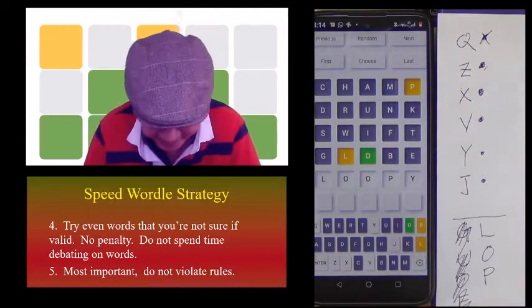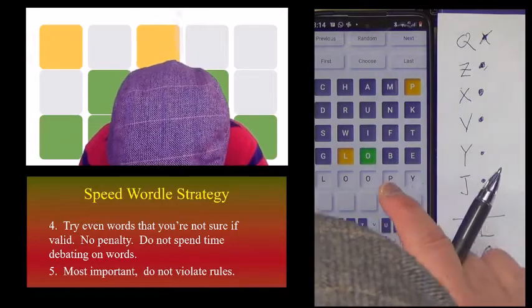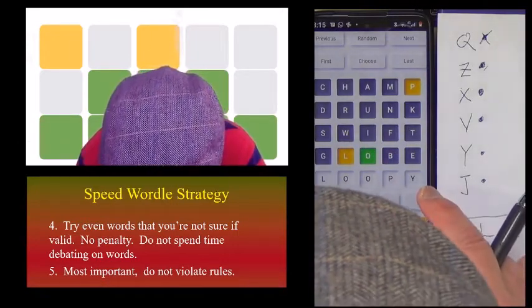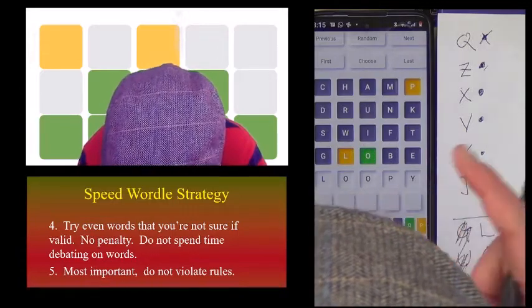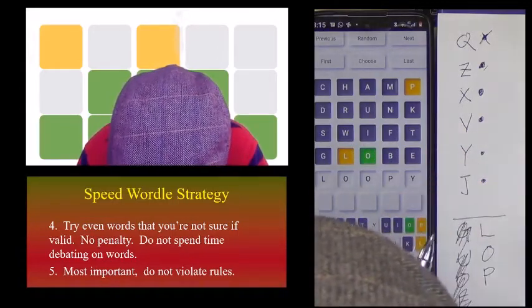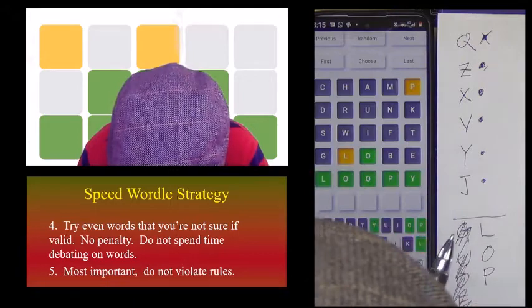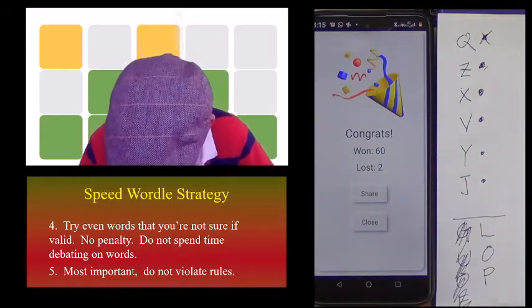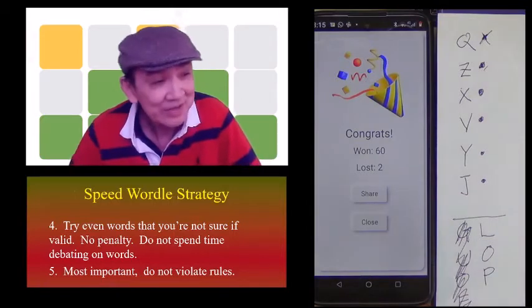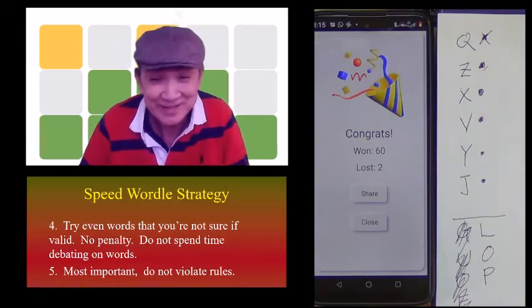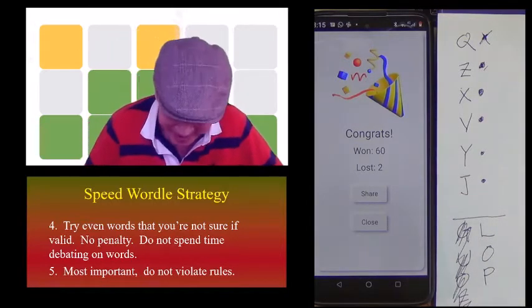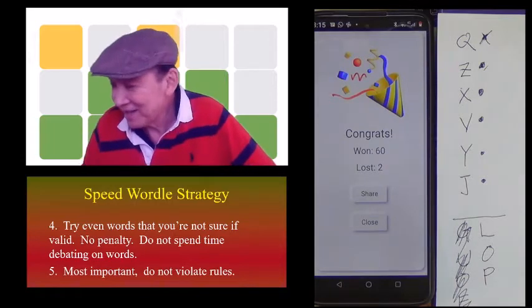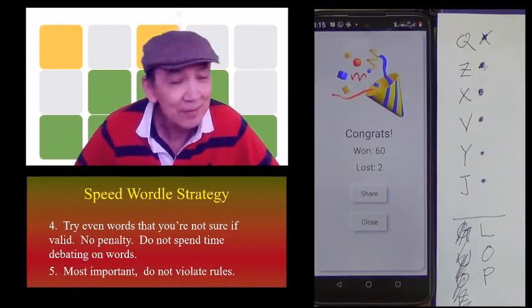I don't even know if that's a word, but it doesn't violate any rules, so I could try that. And okay, well, right away. So I was going to try other ones, poly, but anyway, I don't even know what loopy means, a strange word.